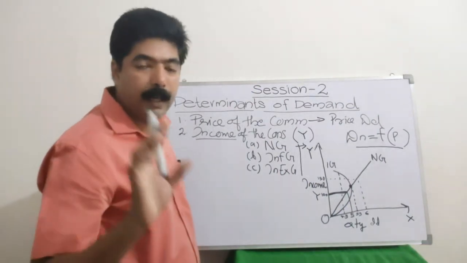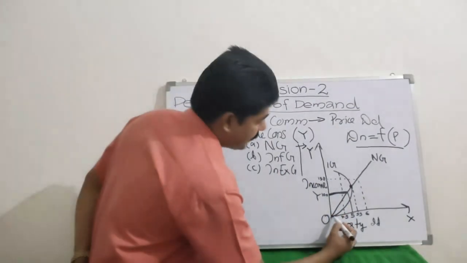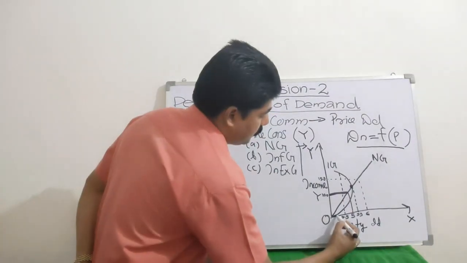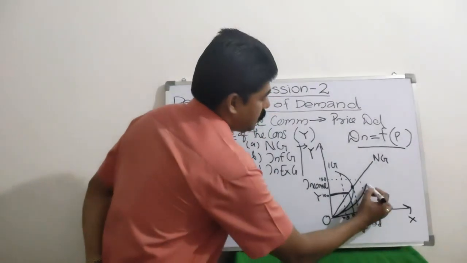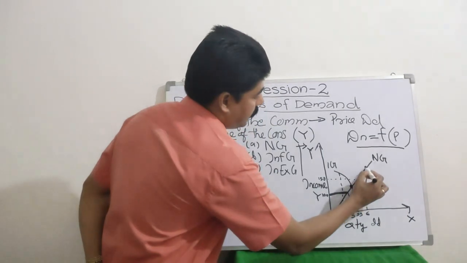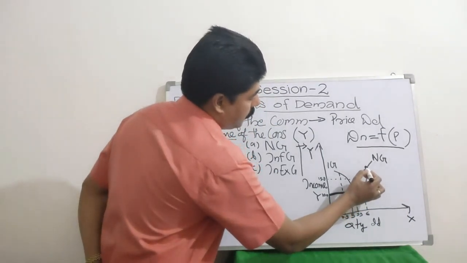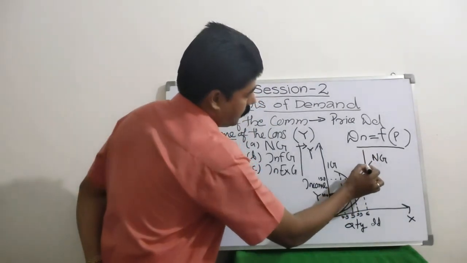Another thing I have told you, inexpensive goods, inexpensive after a particular level. So it increases and reaches up to here. After this particular level, the quantity demanded remains constant.